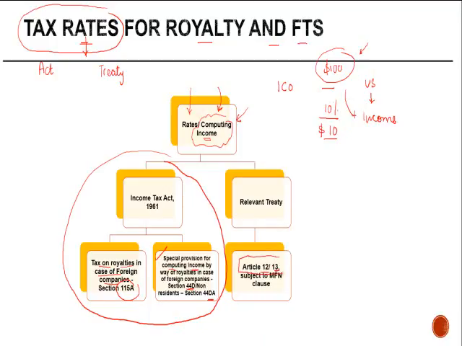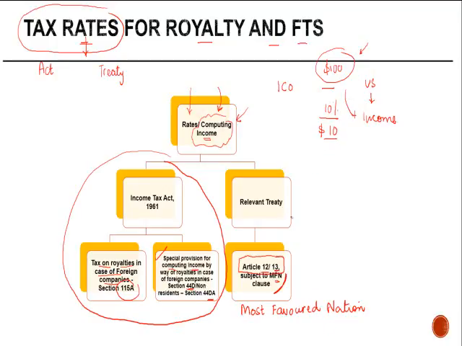Even after ascertaining this tax rate, there is one more provision that needs to be considered. And that is, does the relevant treaty have what is called an MFN clause? MFN stands for Most Favored Nation clause, right?